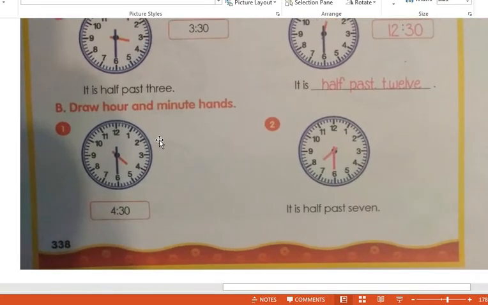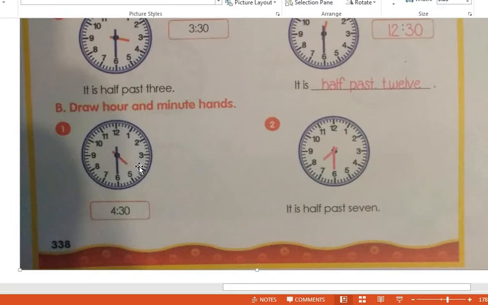Draw hour and minute hands. He gives me here 4:30. So I will draw by myself, right? The short hand goes to 4. And why 4? Because 4 is the hour.